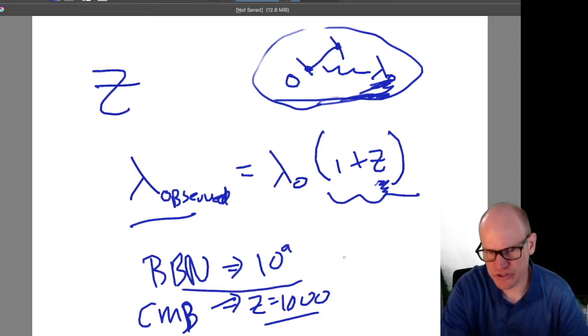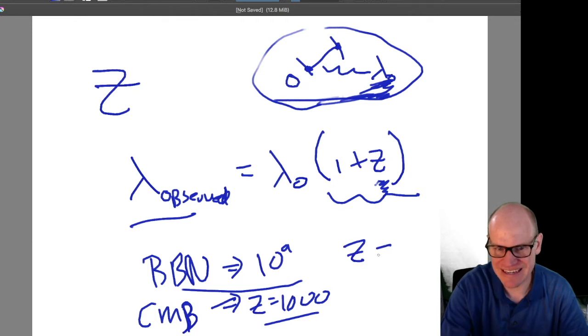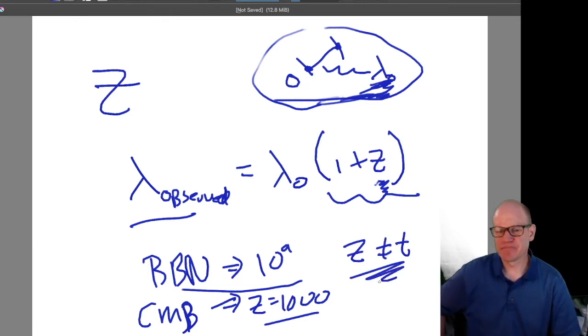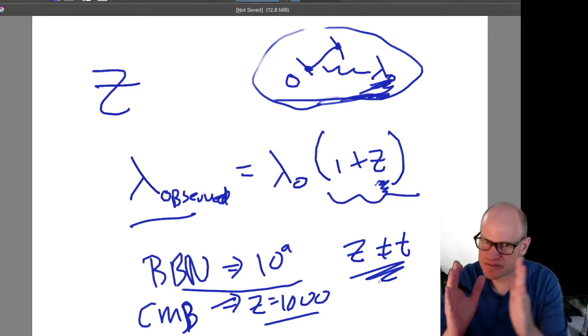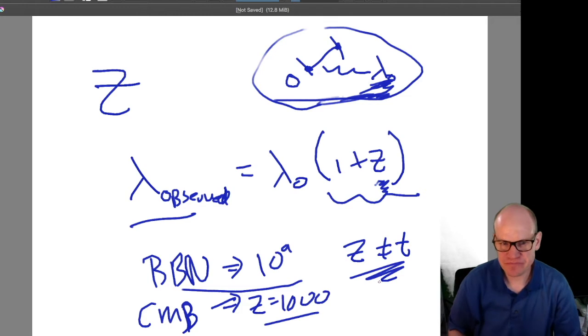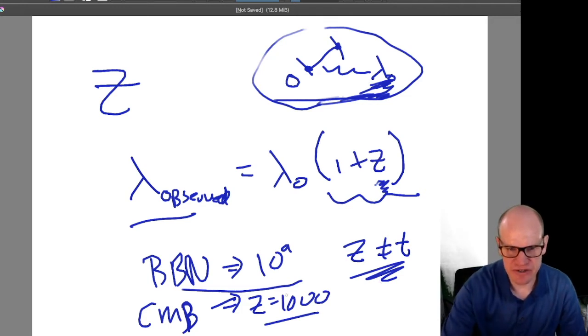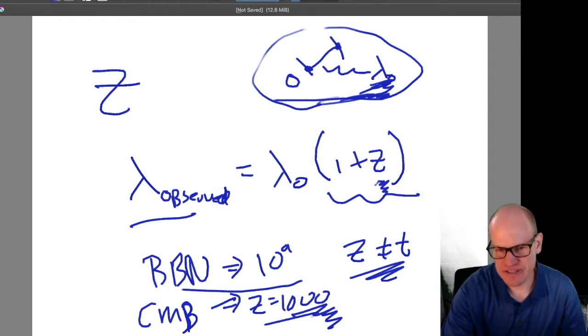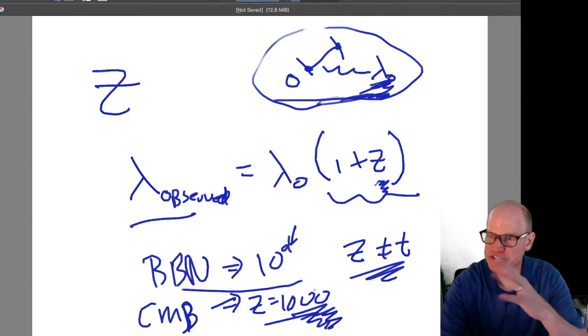Now, one thing that's important to note is that redshift is not equal to time. The spacing in redshift gets closer and closer together as you go back in time, meaning that this is 300,000 years after the Big Bang, and this is a few thousand seconds after the Big Bang, and it's not a linear relationship.